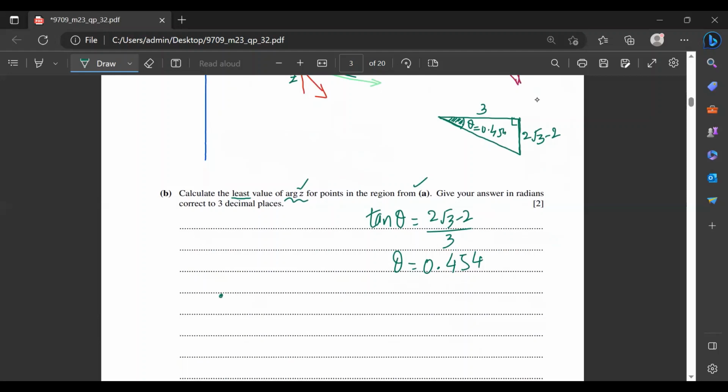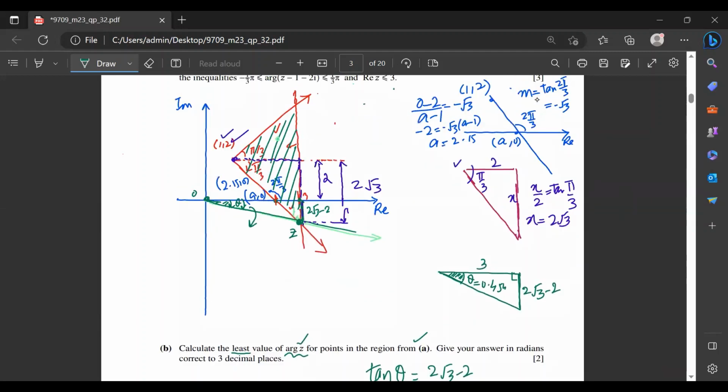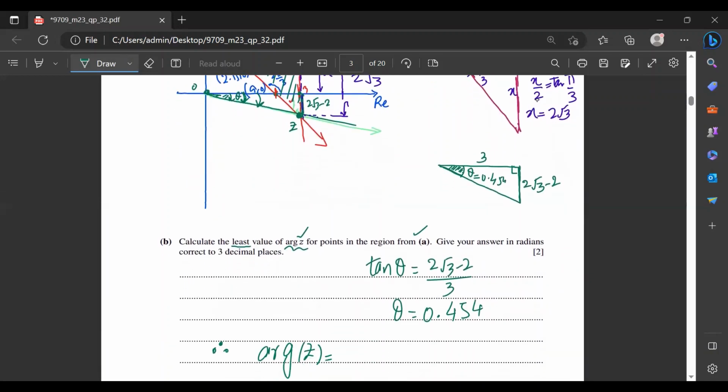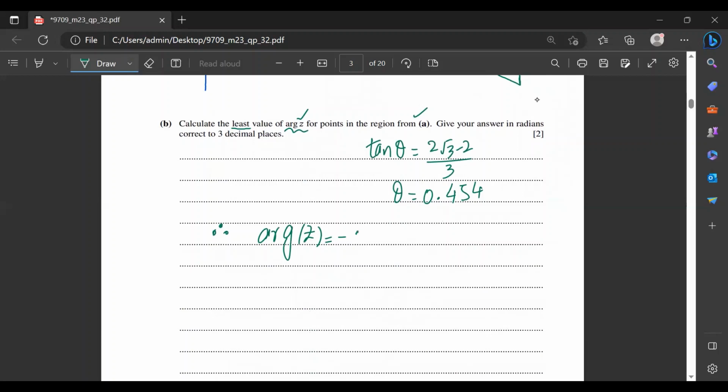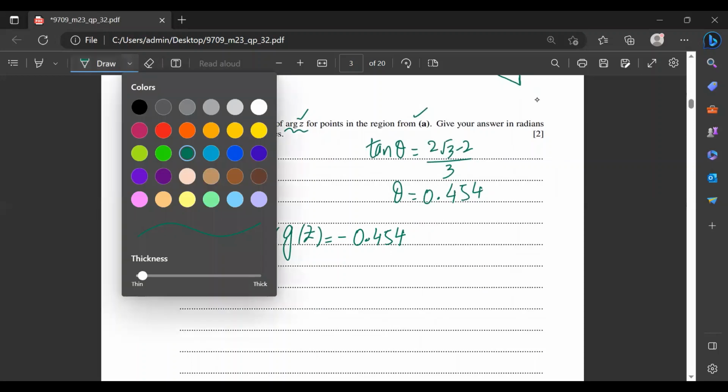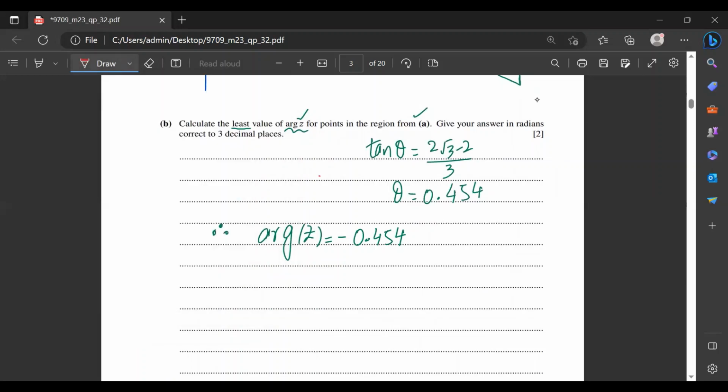Therefore, the argument of z is this measurement taken clockwise. The clockwise magnitude is 0.454, so minus 0.454 is the least value of the argument of z.